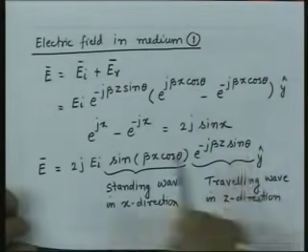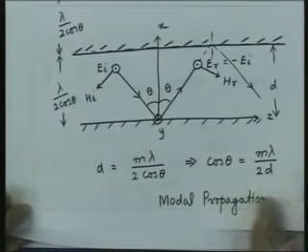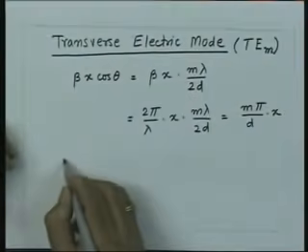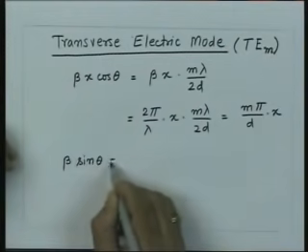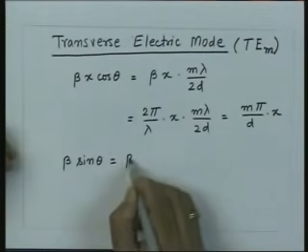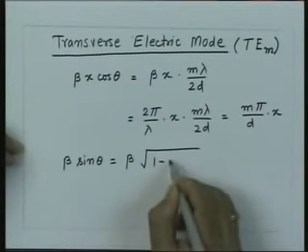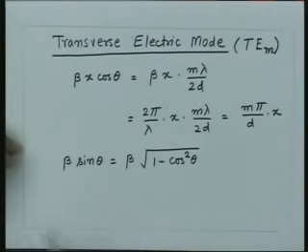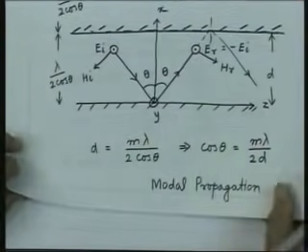What about this quantity now? Since the cos theta is given by this, I can get sin theta because I require sin theta here. So, from that, beta sin theta will be beta square root of 1 minus cos square theta, and cos theta is m lambda by 2d.